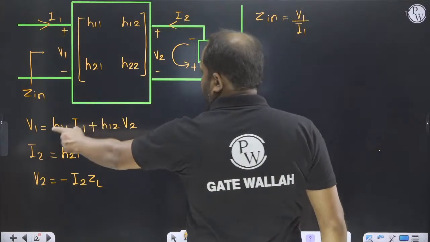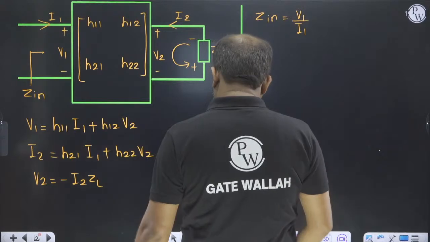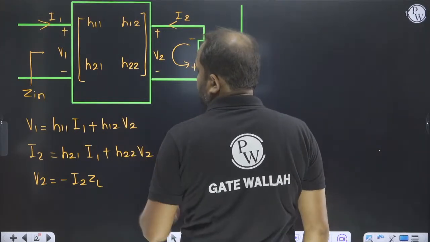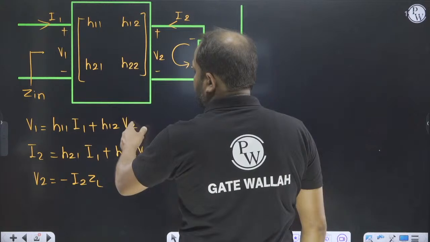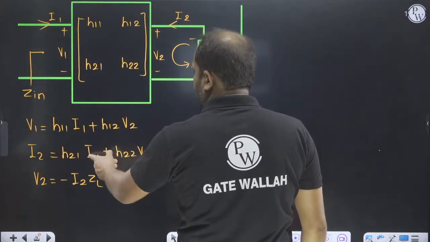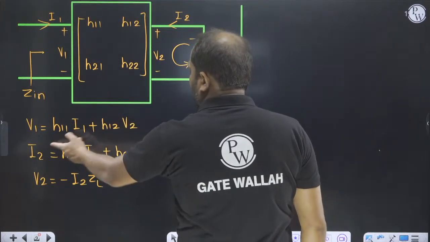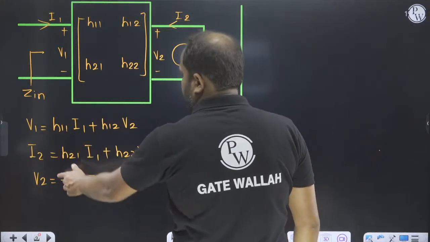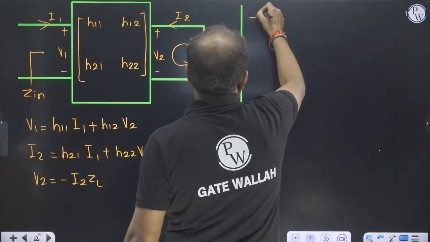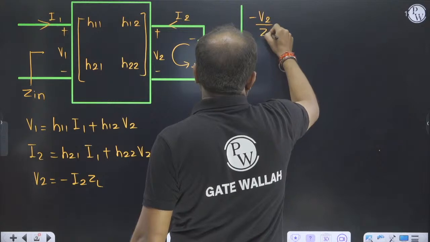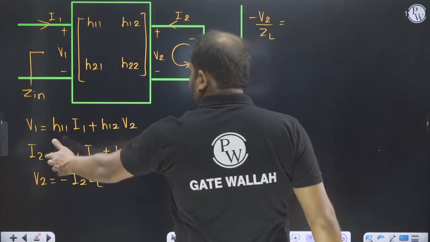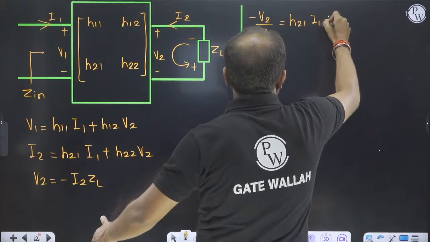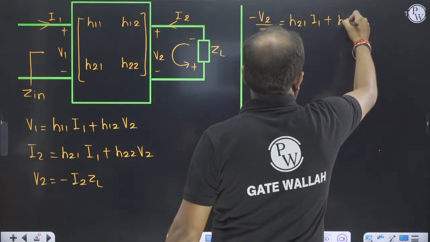So we have to find V2 in terms of I1, and remove I2. First I will write I2 in terms of V2: V2 upon ZL, and from the second equation, H21 I1 plus H22 V2.